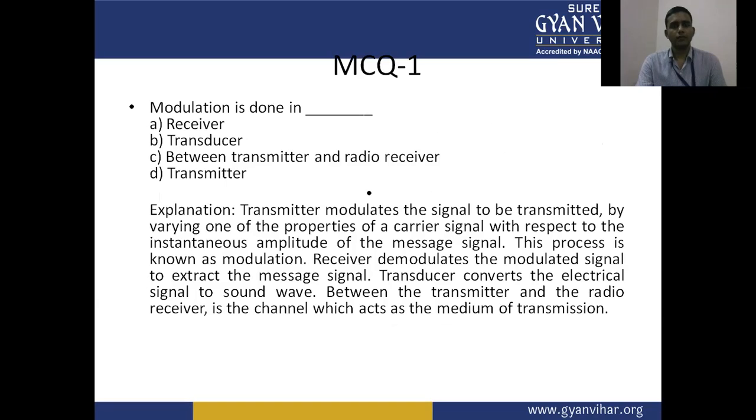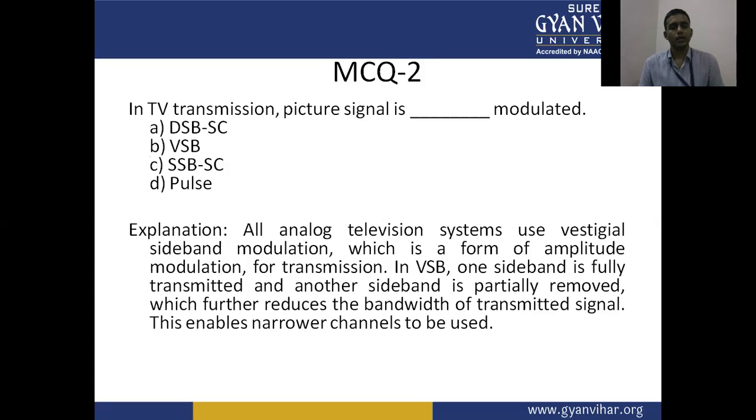Next we have multiple choice questions. First, modulation is done in A, receiver, B, transducer, C, between transmitter and radio receiver, D, transmitter. Question two: in TV transmission, the picture signal is modulated by A, DSB-SC, double sideband suppressed carrier, B, VSB, vestigial sideband, C, SSB, single sideband suppressed carrier, D, pulse.